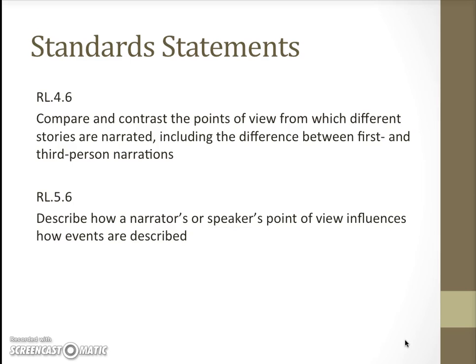This is where we introduce the idea of 1st and 3rd person narrations. And then in 5th grade, we've already identified what point of view is being used. How does this affect or influence what happens in the story? That's an important decision an author always has to make about who's going to tell the story. And they make that decision based on what their goals are.